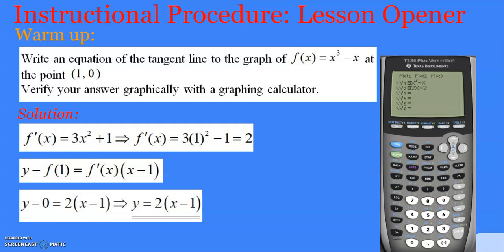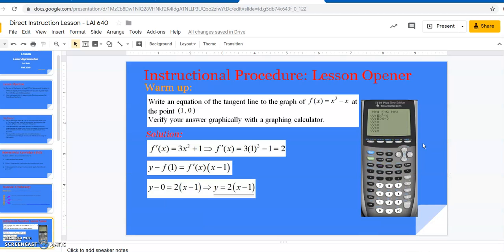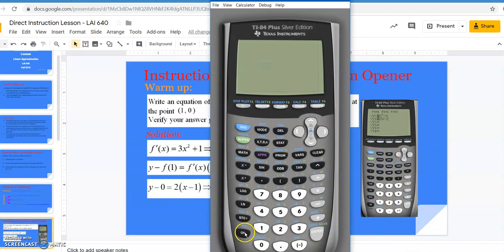Now, we'll verify this in our graphing calculator. Let's pull up our graphing calculator and turn it on. Here are 2 functions in there. Let's graph, and we see the tangent line drawn to the cubic function. Now let's verify the point of tangency.